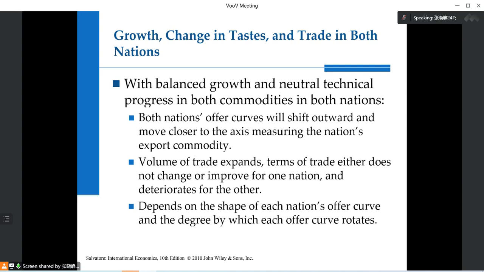We can see the change from the graph. The volume of trade expands. The terms of trade either do not change or improve for one nation and deteriorate for the other. This range depends on the shape of each nation's alpha curve and the degree by which each alpha curve rotates.